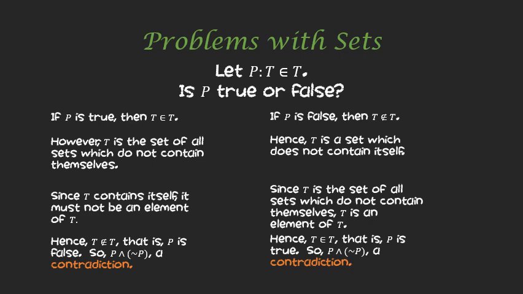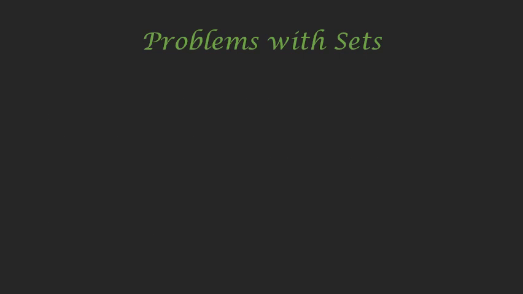Well, first I'll talk about who first posed this statement. And this is an example of what's called a paradox, something that is neither true nor false. A paradox. And this is a named paradox called Russell's paradox. It is named after the mathematician and philosopher Bertrand Russell, who came up with this idea back in 1901.